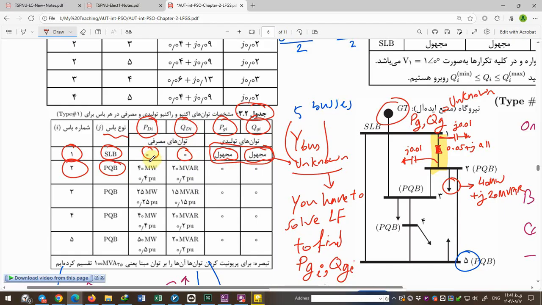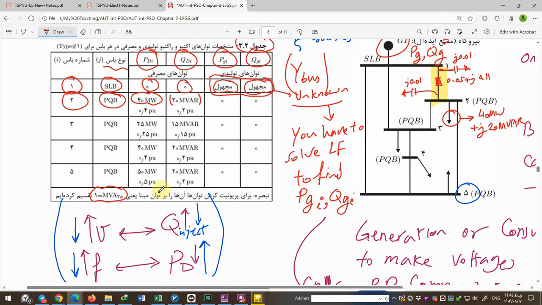For changing megawatt to per unit, we have to divide the real part, for example megawatt or megavar, by its base. This is the base of power.